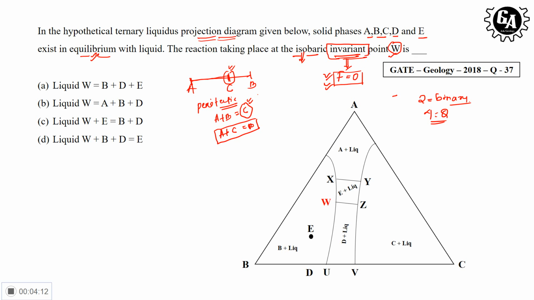So we cannot represent the point B if we have only A and C. Similarly, if we write down C plus B is equal to A, then we cannot represent the A point with the help of C and B. But in this reaction, if we have A and B, then we can represent the point C, or define the existence of point C, by using A plus B. So these are invalid reactions and this is one valid reaction.